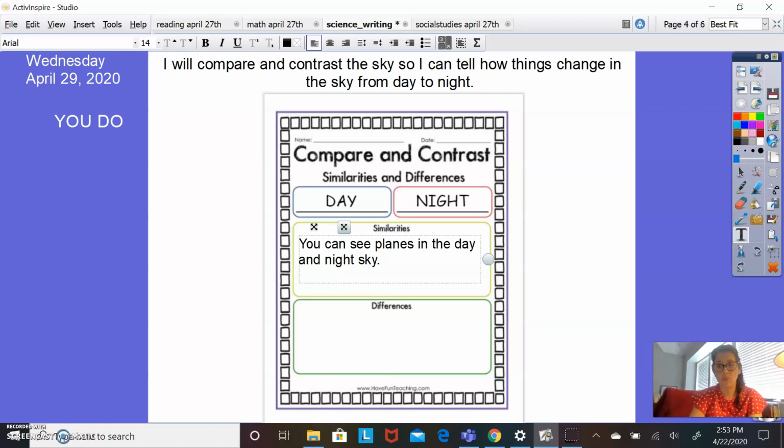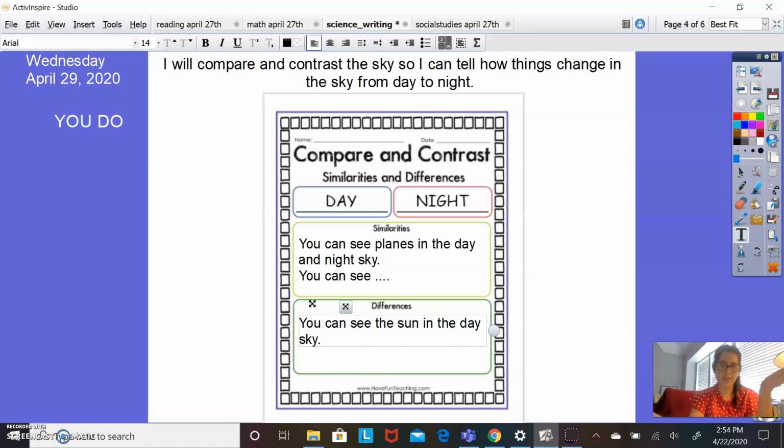Then I want you to give me one more thing that's the same. What can you see in the sky during the night and the day that they're the same? Now I'm going to just leave that there, and I want you to come up with two things that are the same. Now we're going to think of two things that are different. Well, I know that you can see the sun in the day sky.